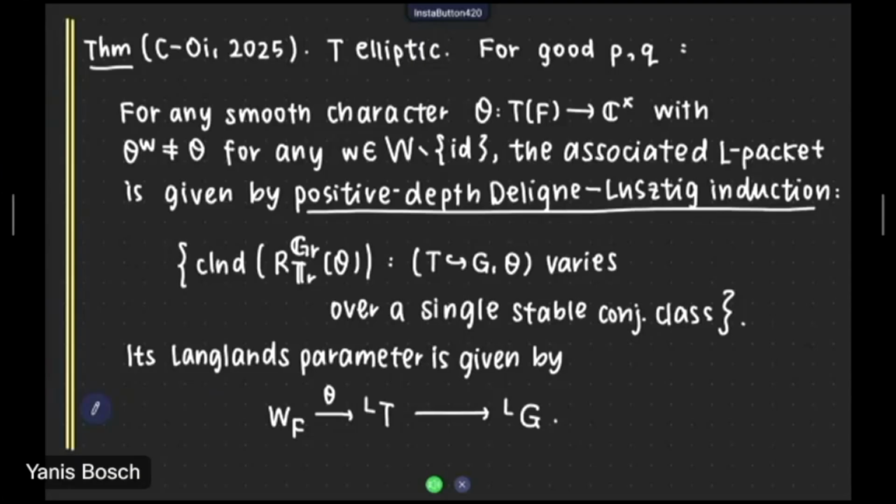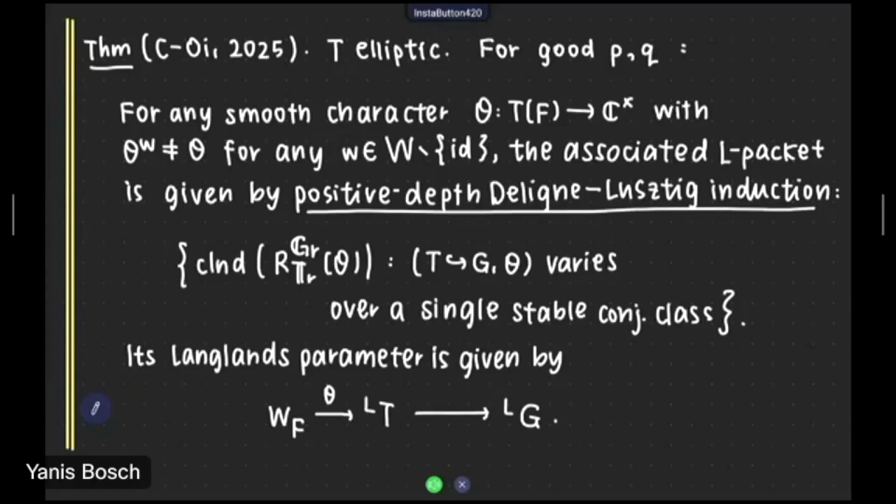Over the course of this talk, I'll tell you what it means to prove a theorem of this type, and what subtleties there are in constructing L-packets. So the takeaway here is that from a theta, you can build this kind of representation.